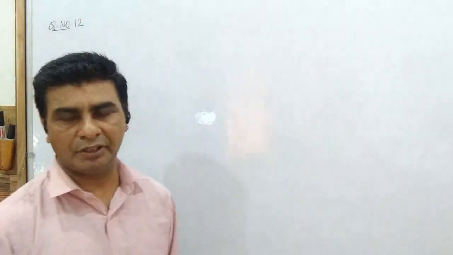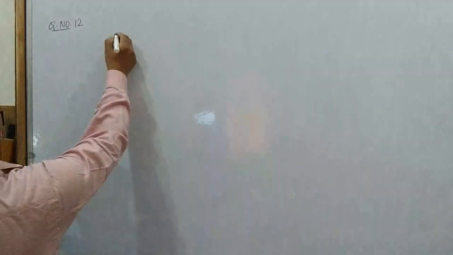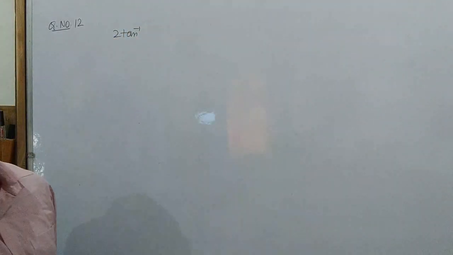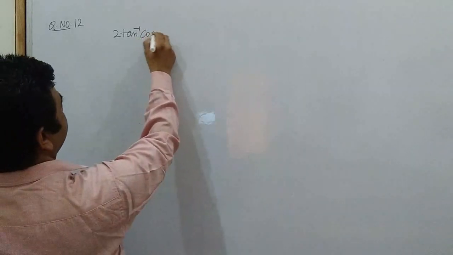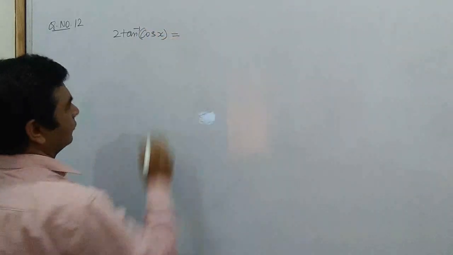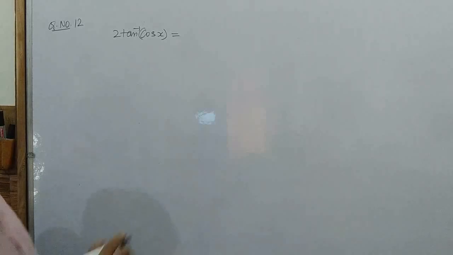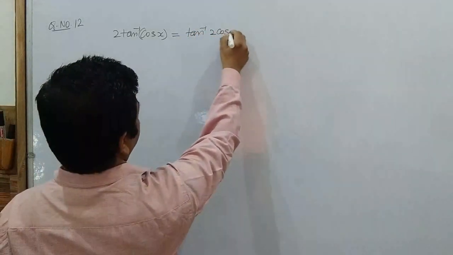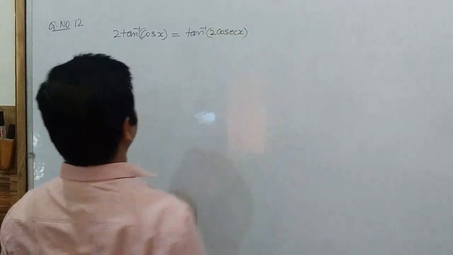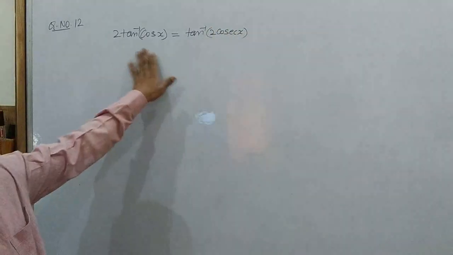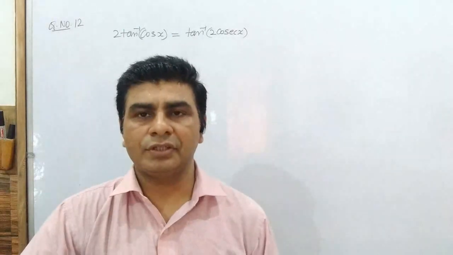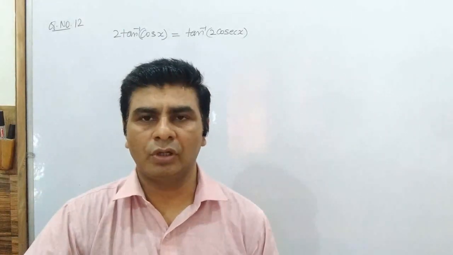So question number 13 is 2 tan inverse cos x is equal to tan inverse 2 cosecant x. This is the given question. The equation is given to you and we want to solve this equation.